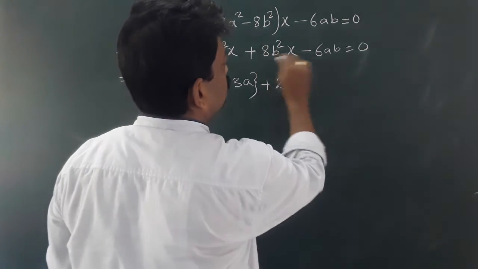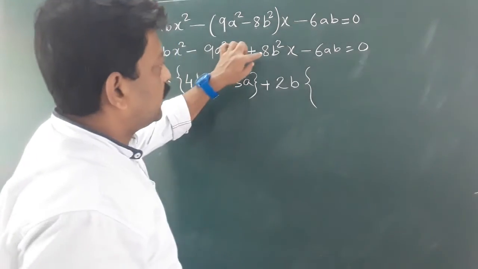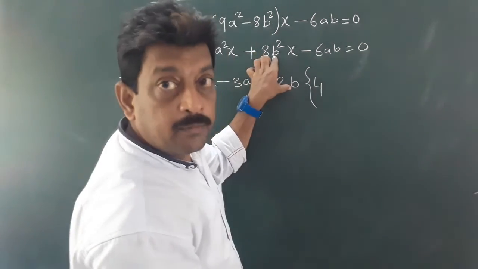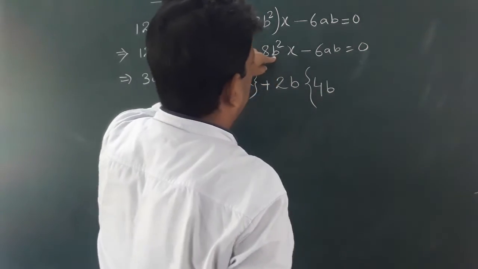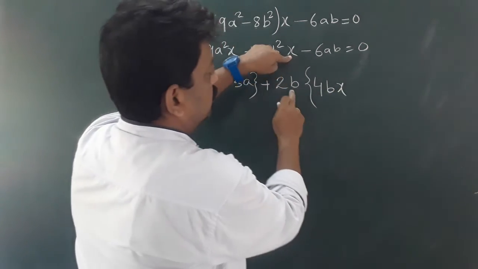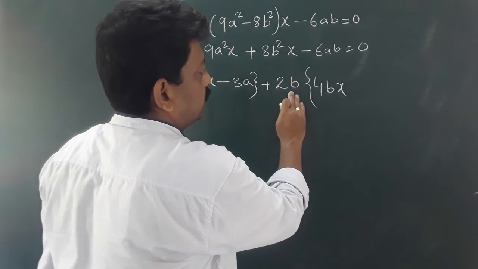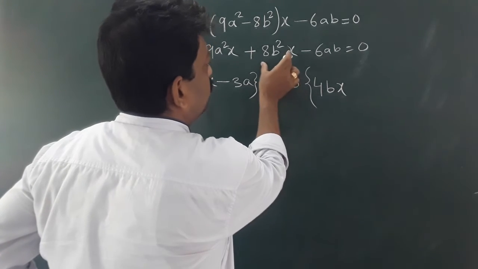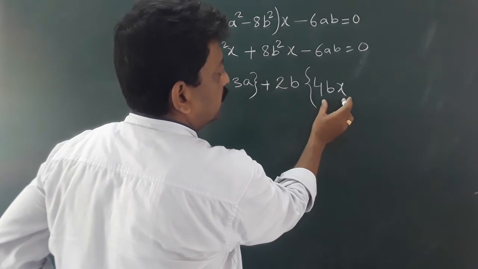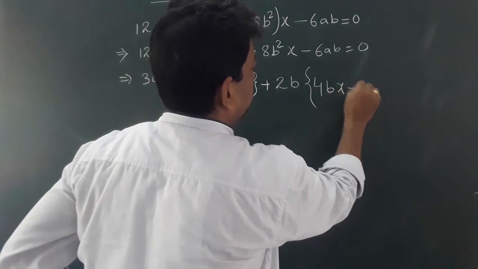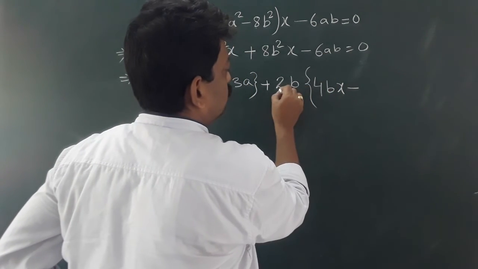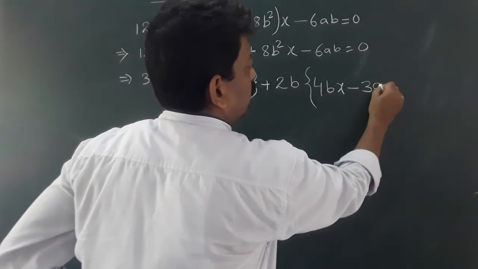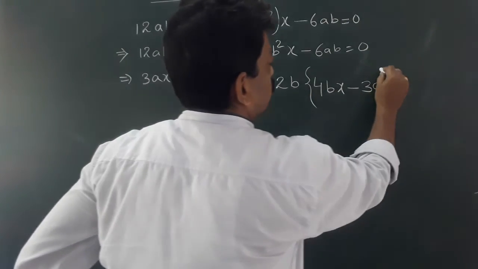Only 2b is common from these two terms. So from 8 I have taken 2 common, 4 will be left. From b square I have taken b common, one b will come, and x will also come because x is not common at all. So from 8b square x I have taken 2b common, so the left part will be 4bx. Minus, from 6 I have taken 2 common, 3 will be there, a will be there, b is already taken common, so nothing more will come.